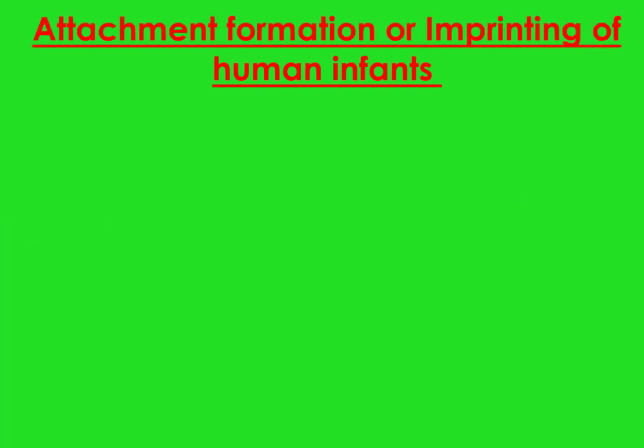Many evolutionary psychologists believe that a similar pattern of behavior is found in human infants, what is called attachment formation, and involves the formation of a strong emotional bond between an infant and its primary caregiver, often the mother.